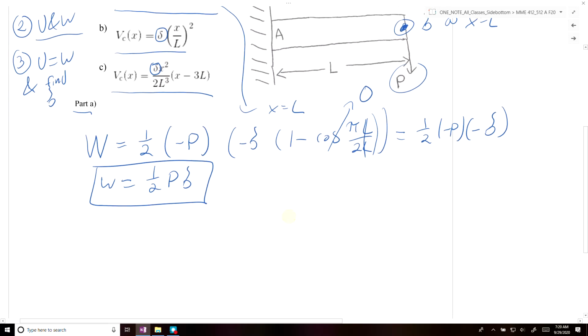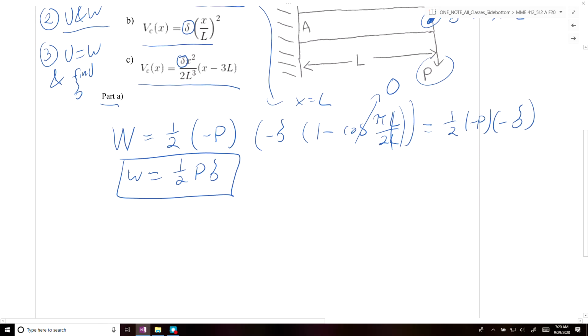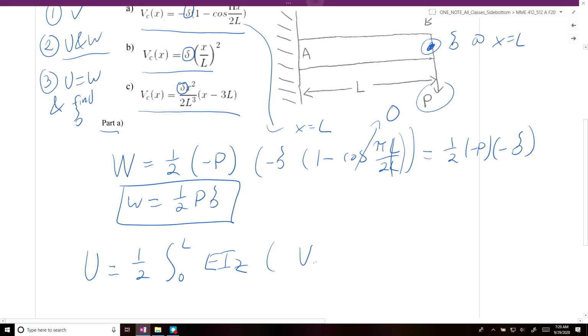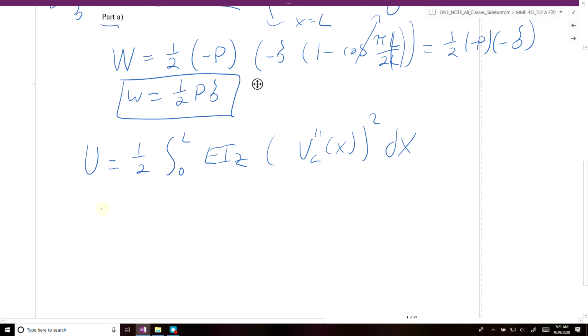And then for the second part of step 2, we need to determine what U is. So U is going to be equal to 1/2 the integral from 0 to L of EI times the second derivative of Vc(x), squared, dx. So we need to figure out what the second derivative of Vc(x) with respect to x is.